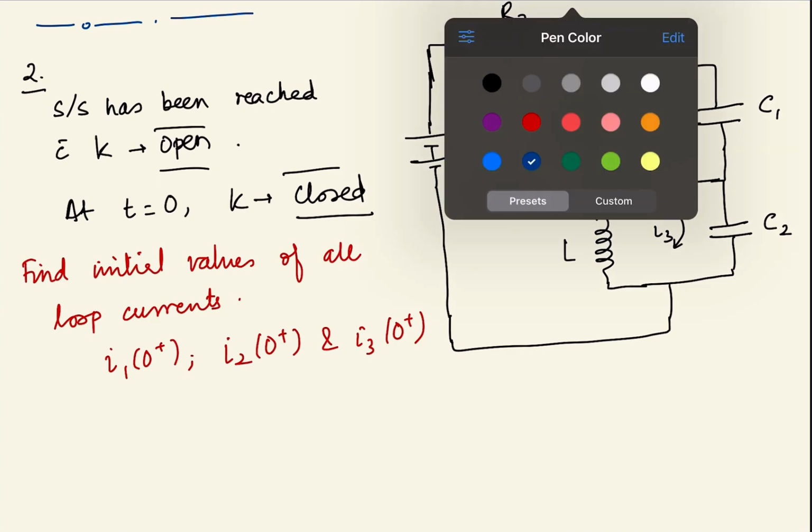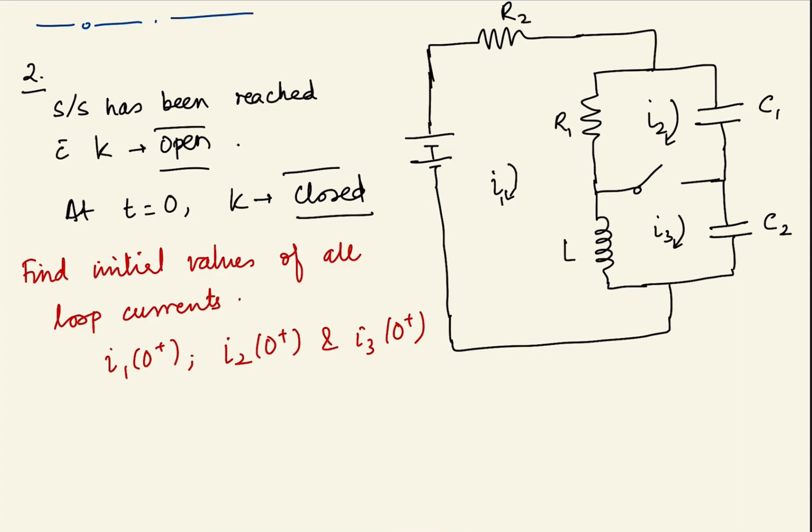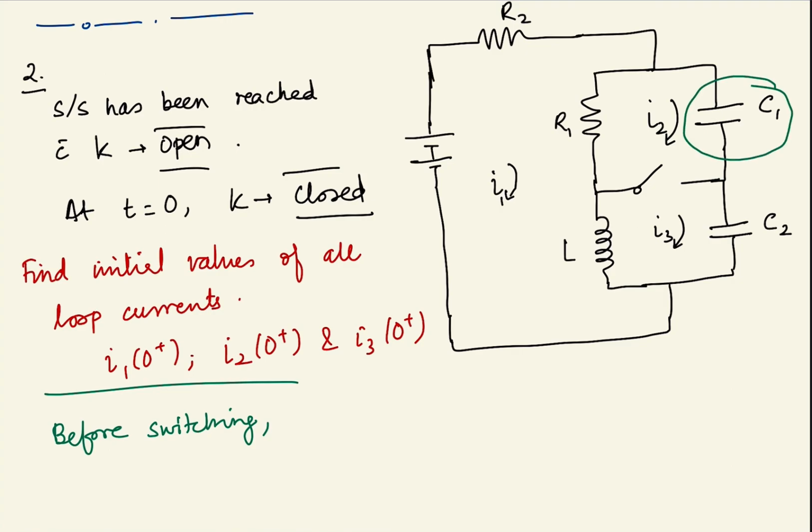To proceed, we take a look at the circuit and see what is the state of the circuit before switching. Before switching, how will the current actually flow? Since steady state has been reached, this capacitor C1 will be charged to some voltage, and so will C2.